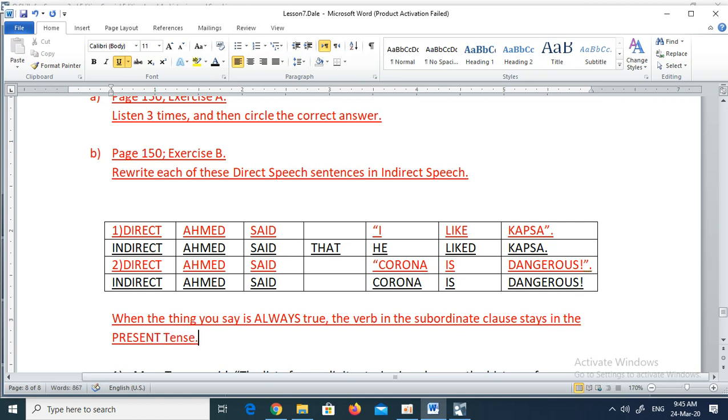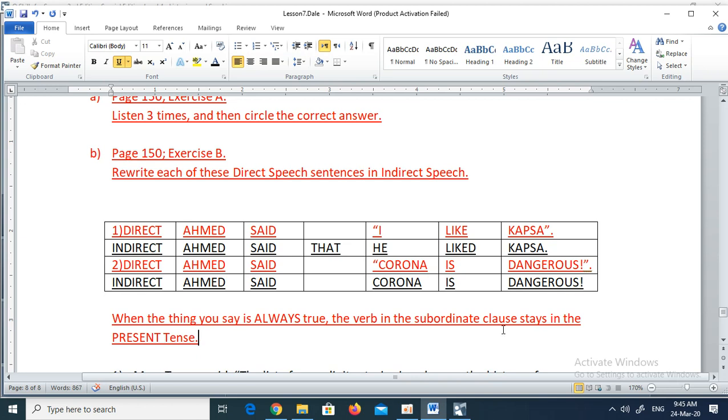Okay. We will not say Ahmed said corona was dangerous because corona was dangerous yesterday. It is still dangerous today, and it will be dangerous tomorrow and next week.